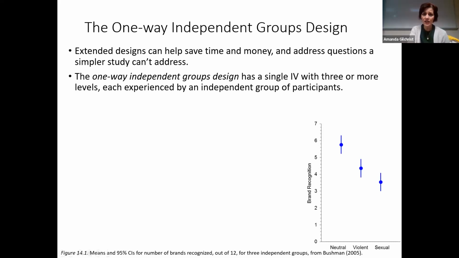So let's talk a little bit about the one-way independent groups design. I don't know how many of you might remember this. Do you remember last semester when we talked a little bit about things like factorial designs? Maybe a little bit. Some of you are saying yes, some of you are saying no. So let's go ahead and give an example.